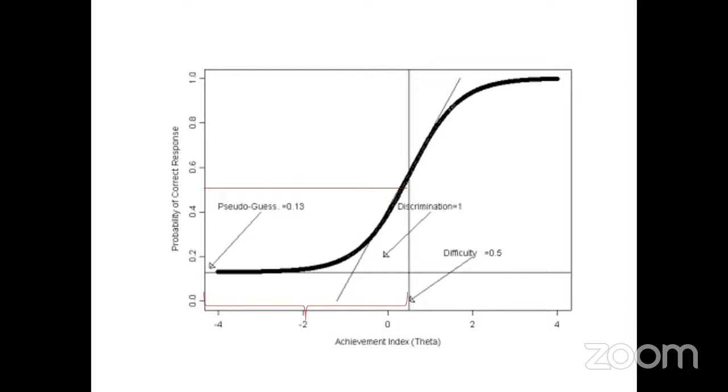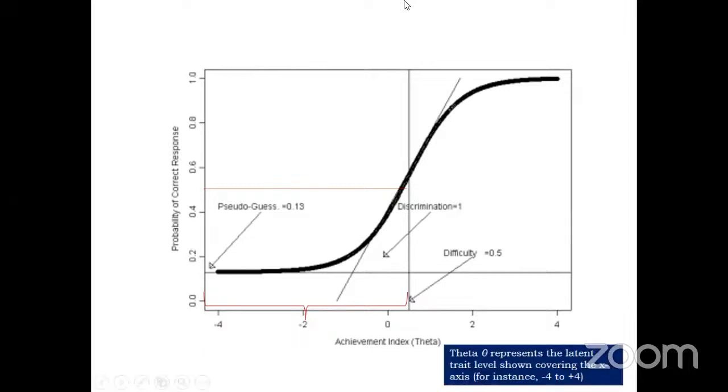It means this much amount of ability or trait is required to solve this particular item. So any item of difficulty level 0.5 will be located on the trait level here.